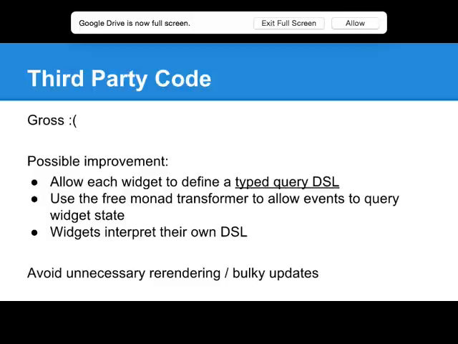So instead of just producing an event directly, I could say things like, give me the current value of the buffer, if such a condition holds, clear it, and then yield this input. Widgets and components interpret their own DSL, so they fix their type to the query DSL.